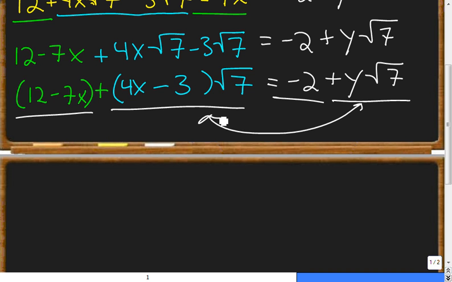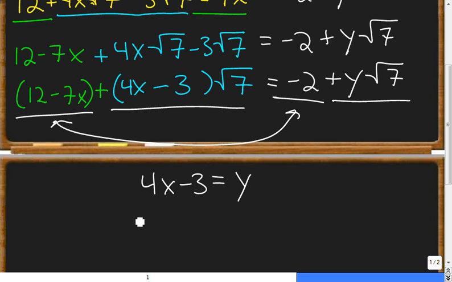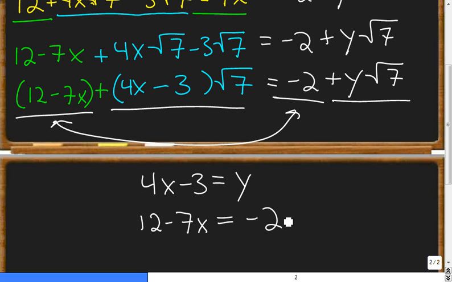I can say at this point that if 4x minus 3 times the square root of 7 on one side equals y times the square root of 7 on the other side, then 4x minus 3 equals y. And over here, 12 minus 7x on one side, and I've just got my negative 2 on the other, I can link those together. And it's all because of the pairing of the square roots of 7.